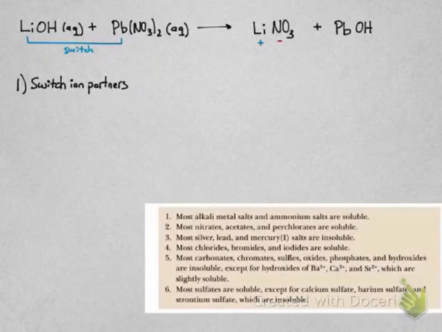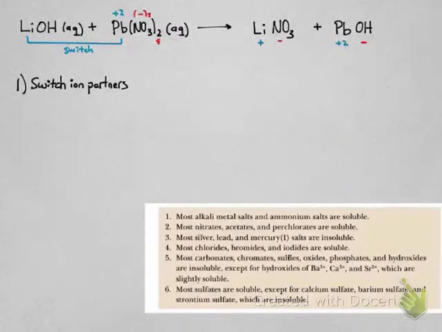Plus, we switch the lead to partner up with the hydroxide. Now, in this case, lead is +2, and hydroxide is -1. And if you're unsure about the charge on lead, since it can have either a +2 or +4 charge commonly, look to the reactant. Nitrate is -1, and there are 2 of those, so that's a total charge of -2 for the anions in this empirical formula.